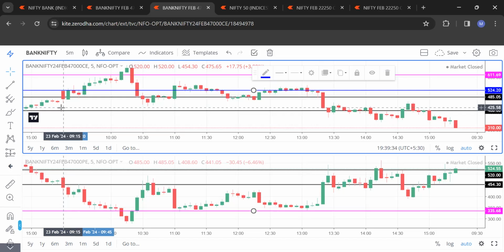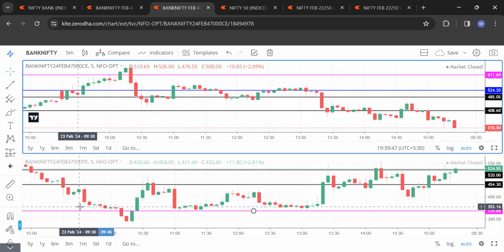I needed to draw the levels, so that is why 404.39. So this is 524.20 on the upper side, and you subtract it to get the lower level, 404.39.